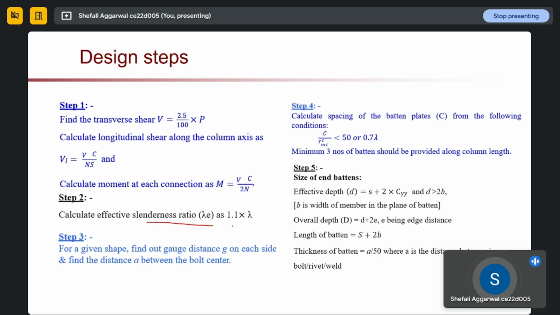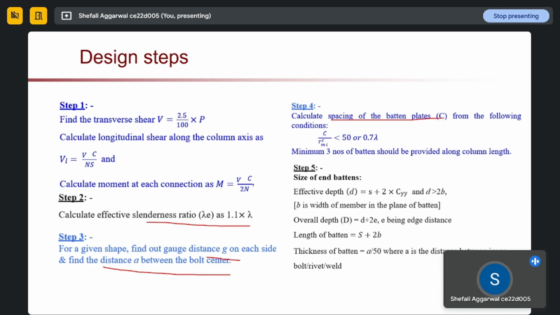Again, we will calculate the effective slenderness ratio, select the shape of the batten based on our design, calculate the gauge distance and then the distance between the bolt centers. Next we will calculate the spacing. I think all of these design steps are similar to what we do for the lacing system.